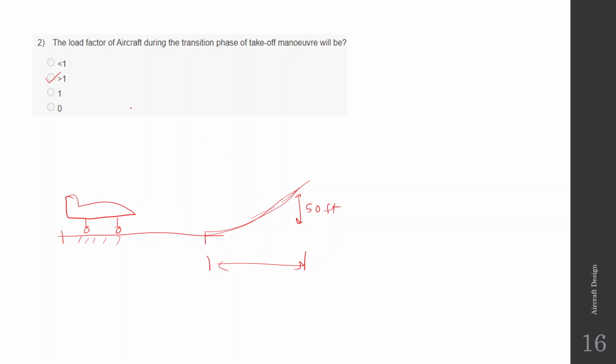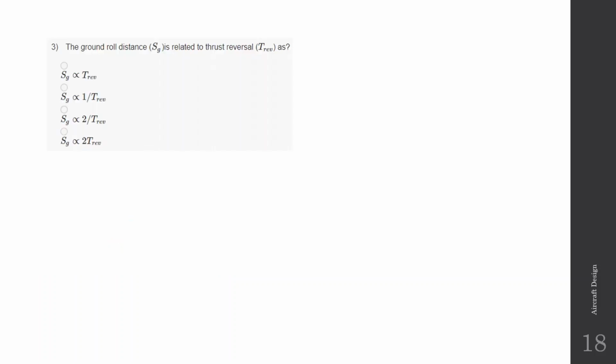And we know that during a maneuver the load factor is always greater than 1. So that is why the load factor during this phase is also going to be more than 1. So this is the third question.